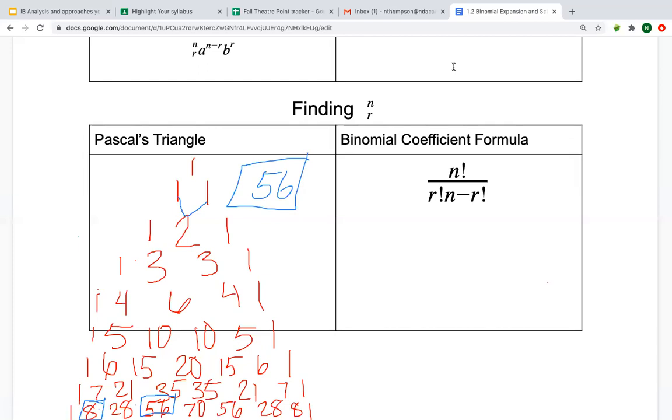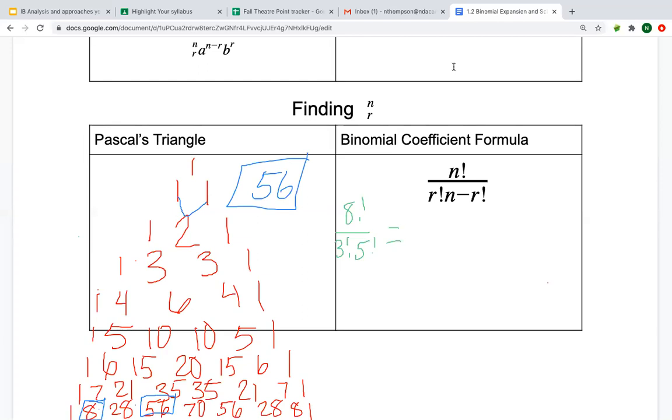So we have n factorial, which would be 8 factorial, over r factorial, which is 3 factorial, times n minus r factorial, which is 8 minus 3, which gives us 5 factorial. Okay, so if you remember, a factorial is where you are multiplying that number times every number that is less than that.